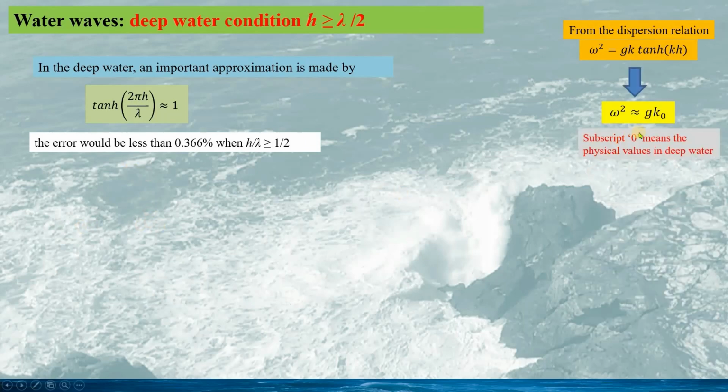So in deep water, the dispersion relation can be simplified as this. Here, the subscript 0 is used to indicate the parameters in deep water, and we can obtain the wavelength lambda 0, the phase velocity Vp0, and the group velocity Vg0 expressed as these formulas.